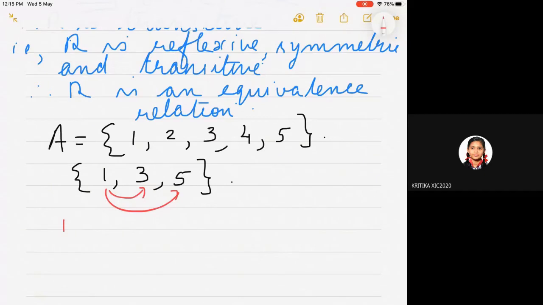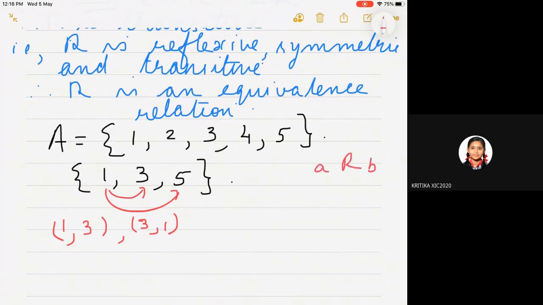See here, (1, 3) is an element of R because modulus of 1 minus 3 is even, or the difference of 1 and 3 is 2, which is even, and 3 is related to 1, or the ordered pair (3, 1) is there in R. What do you mean by A is related to B?